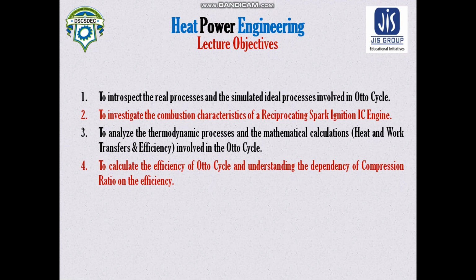Being an automobile engineer, you must know what a petrol engine is, how it is comprised, what the thermodynamic processes are, and what the ratio we call the compression ratio is, and how it influences the efficiency of an Otto cycle. So let's start our discussion of the Otto cycle.